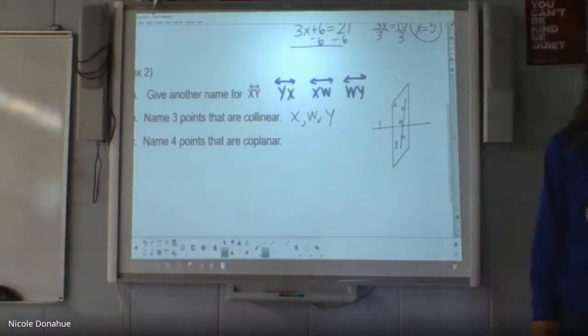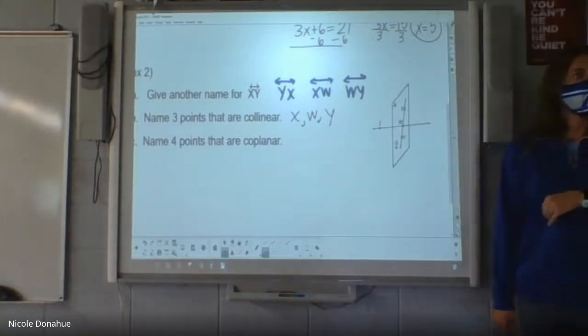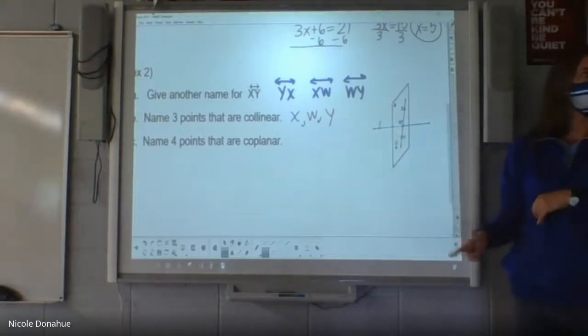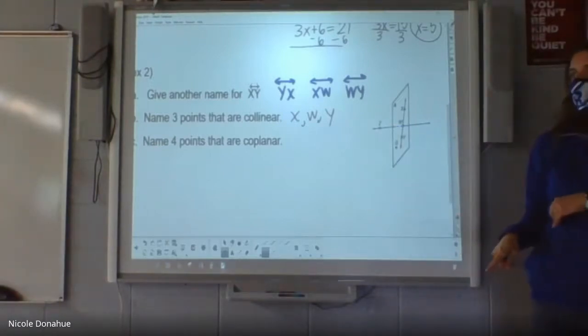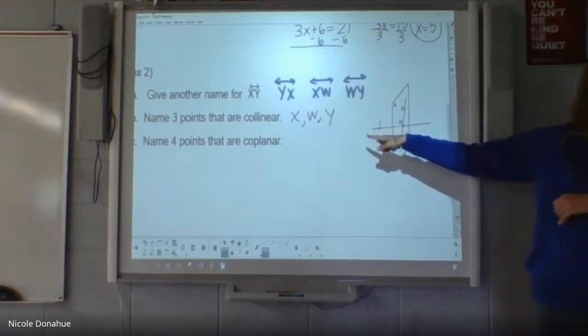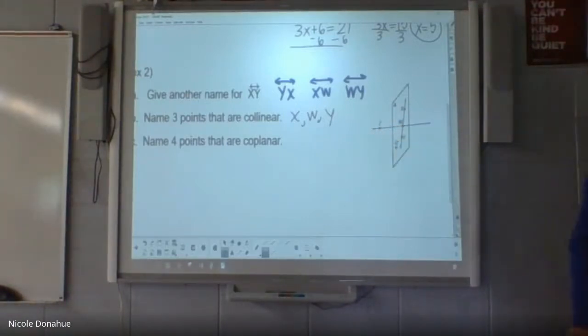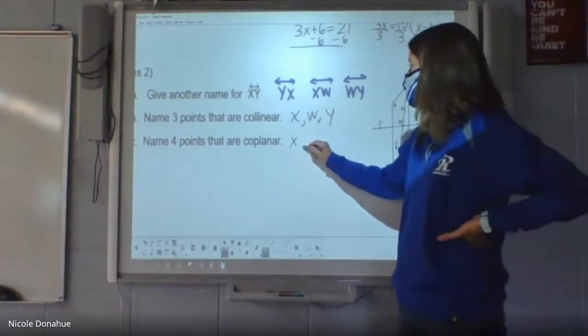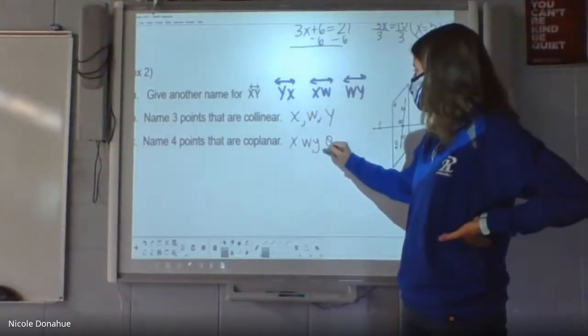So 4 points that are coplanar. So I can use these, and then what do I need to add to it? What else has to be with these? What other point has to be included here, guys? Yep. Q. So X, W, Y, and also Q.